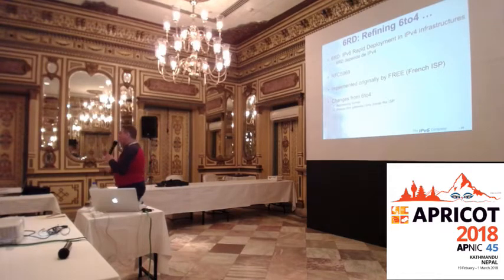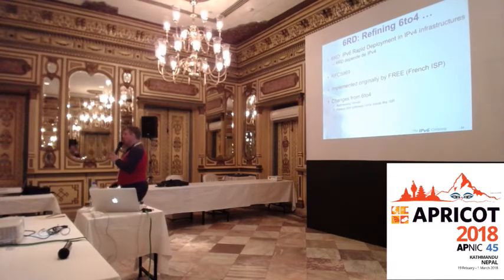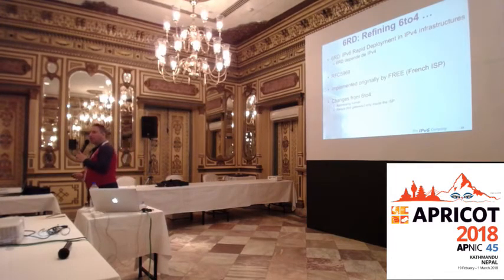They designed it, and they said, we cannot do native IPv6 because our network is not really ours, it's the France Telecom network. So we are over the France Telecom network. The only way they had was using 6to4, but they didn't like the idea of having any relays, and they wanted to have their own 6to4 gateways.